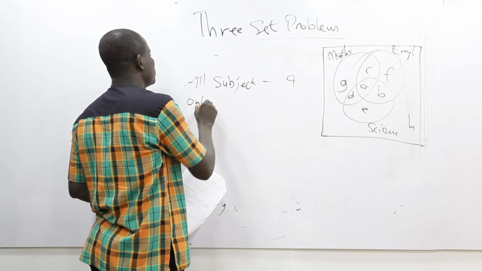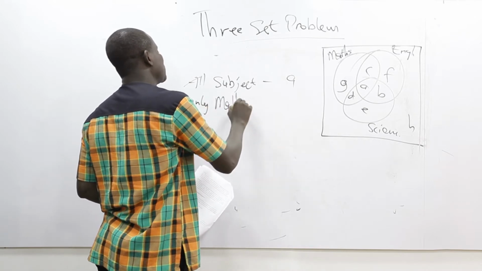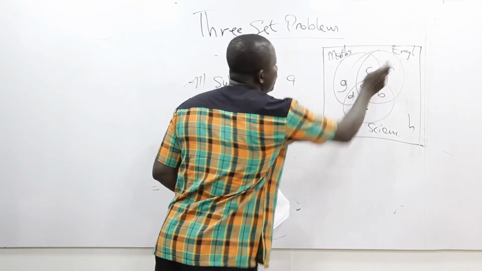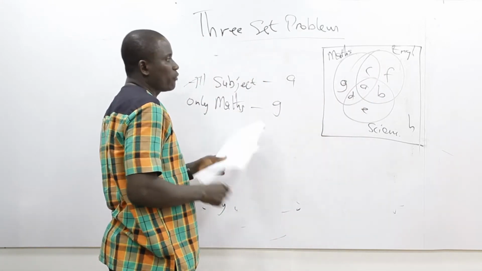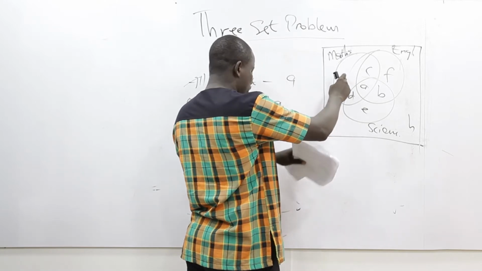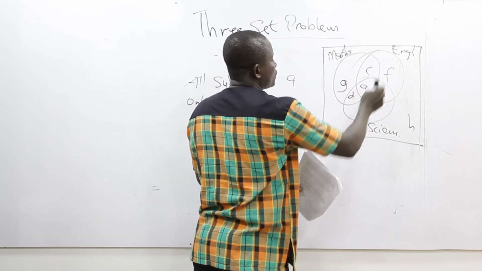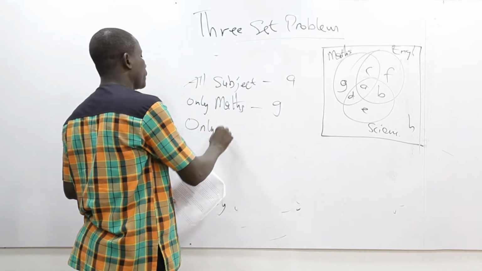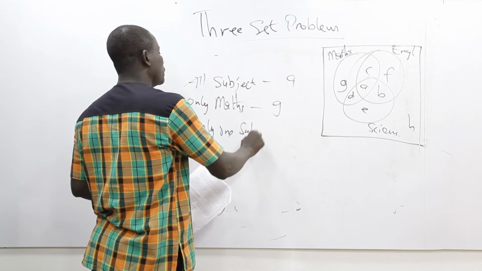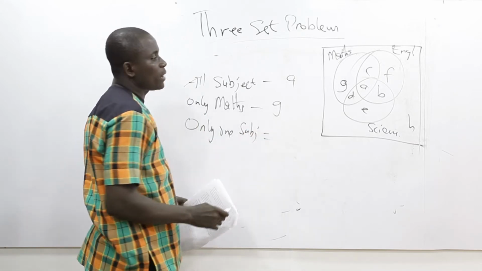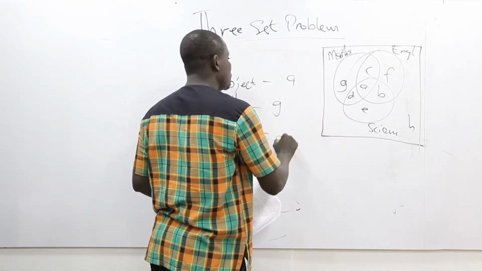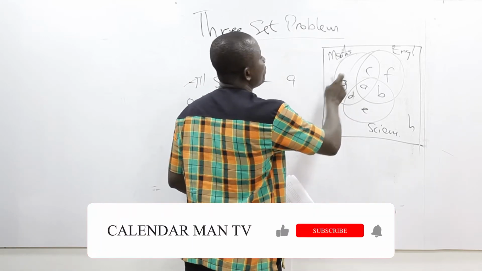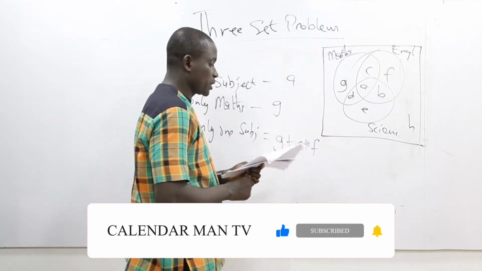Only maths is G. Only English is F. Look at the only positions: only maths, only English, only science. Only one subject is going to be J plus E plus F. That is only science, only maths, only English.